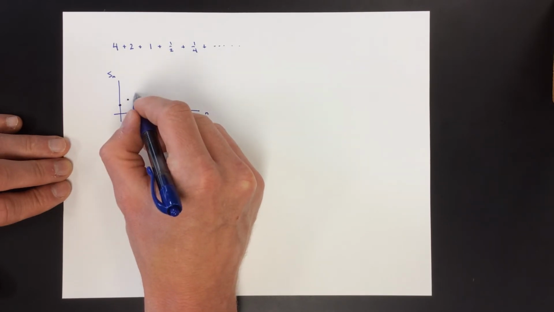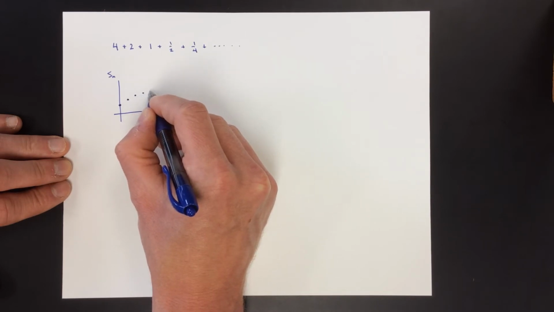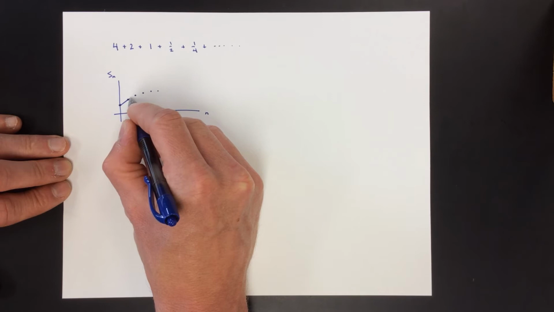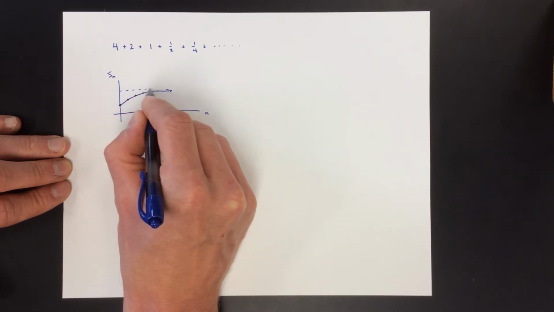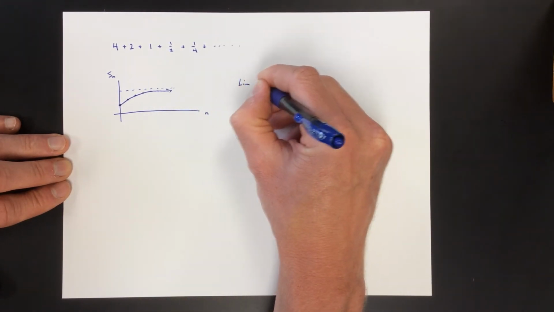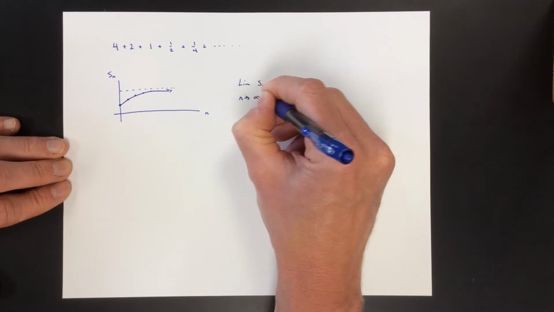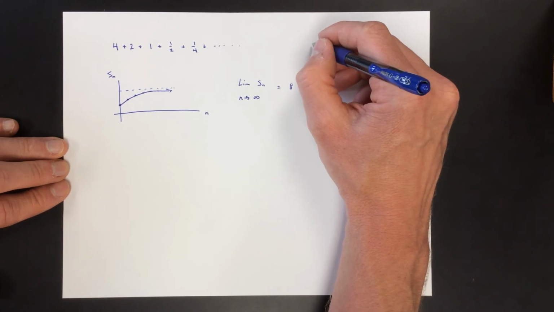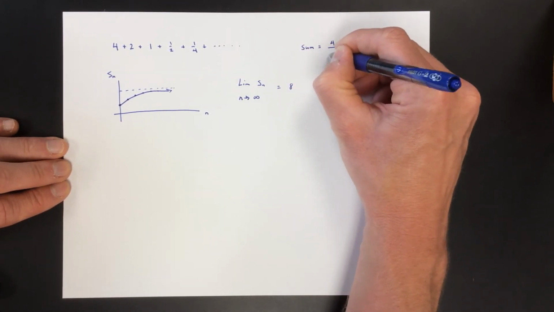And then if I use 3, I go up to 7, 7.5, 7.75, and so on. You can see the partial sums are approaching the real sum, because if I look at the limit of the partial sums as n goes to infinity, I'm looking at the whole sum. I would get 8, because I know the sum of a geometric series is a over 1 minus r.